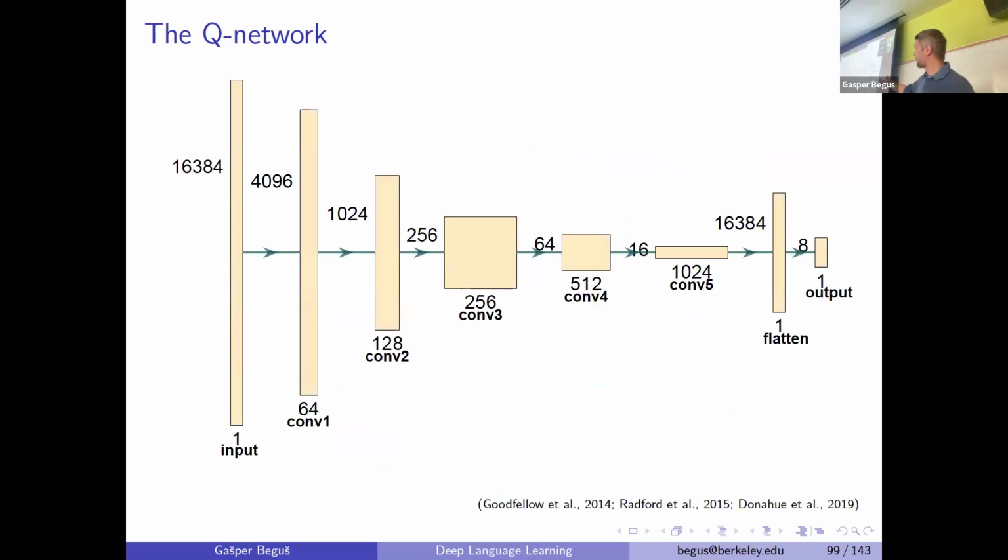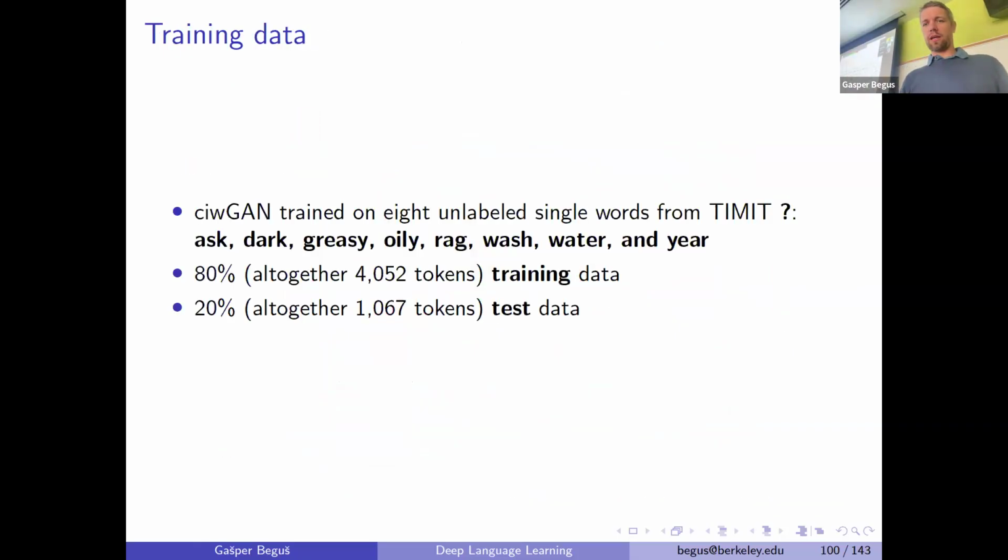So this is the Q network, right? Almost the same architecture, but reversed, and at the end of the day it's classification. Well, this is actually the discriminator, which needs to figure out the reality of the output, but the Q network is essentially the same.